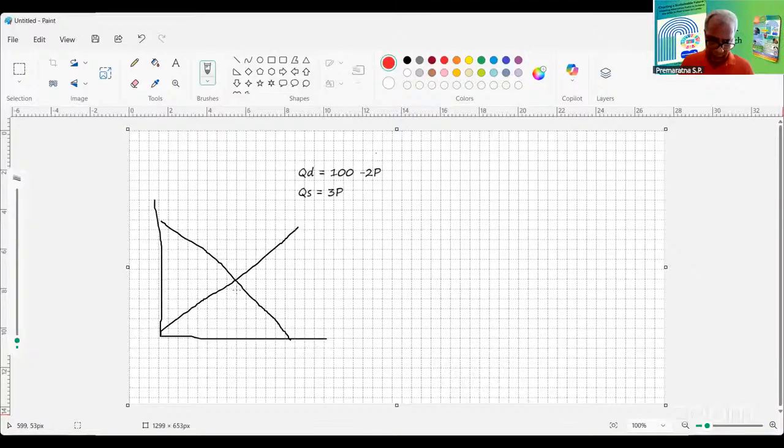I can give you maybe 2 minutes. What you have to do is set QD equal to QS, and with that you can find the equilibrium price and the equilibrium quantity.